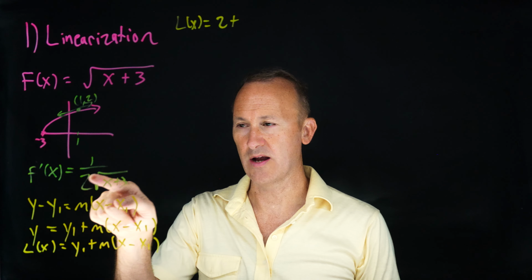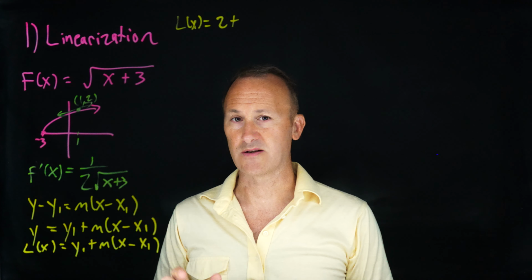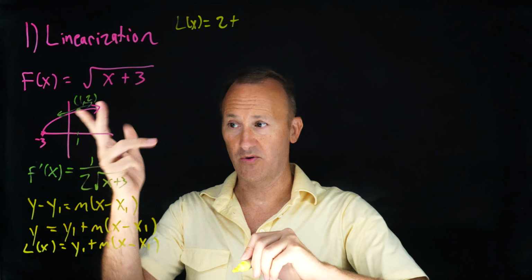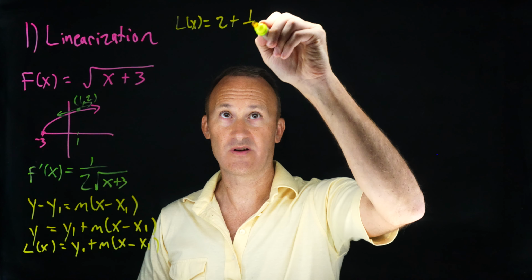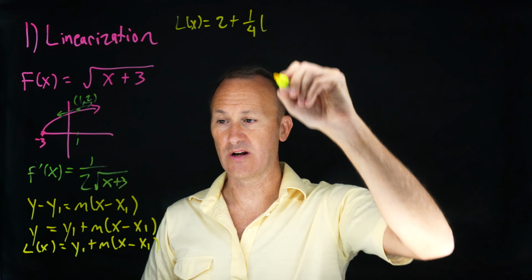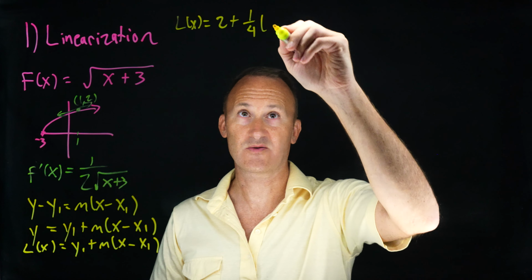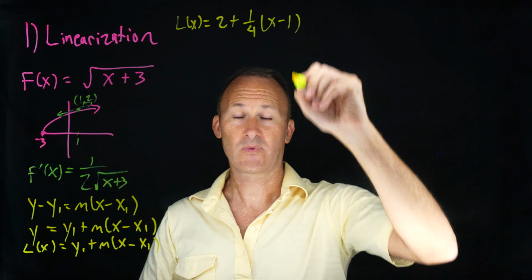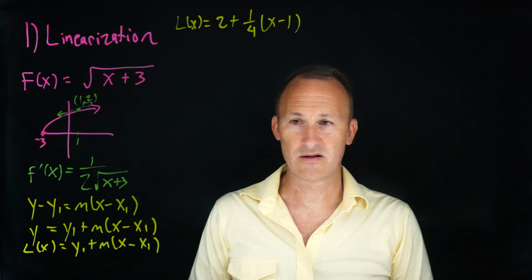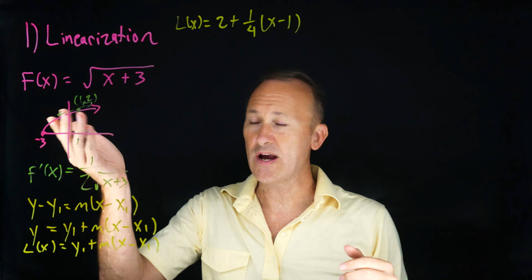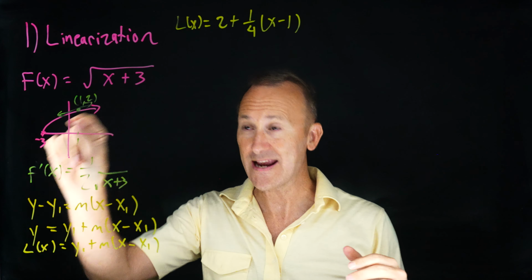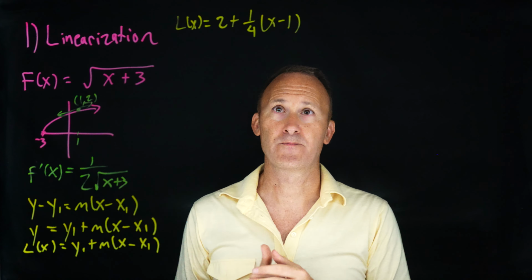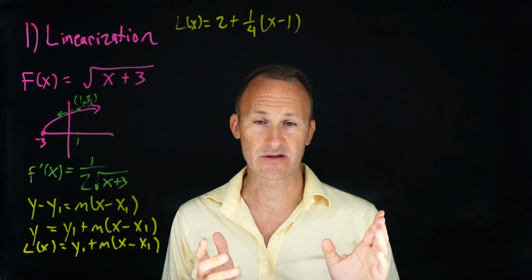f prime of 1 is 1/4. So it's going to be 1/4. We basically evaluate this at the point 1. So you get 1/4 times x minus x1, and x1 is 1. That is the equation of the tangent line at the point 1, 2. We've done problems like this.